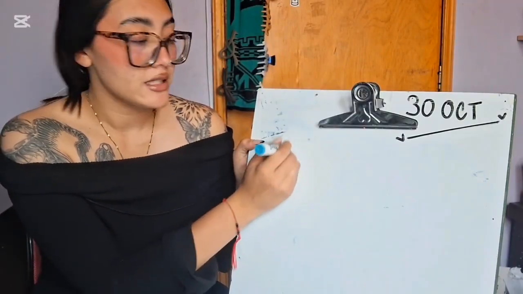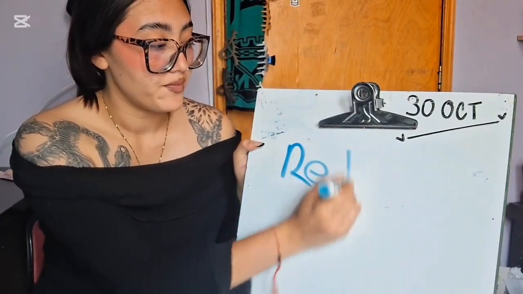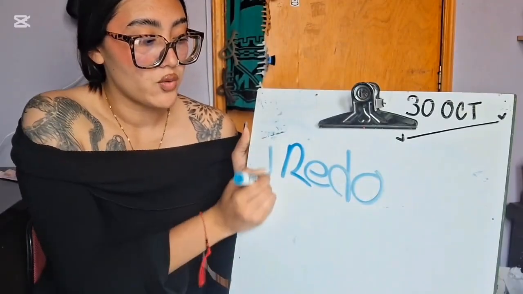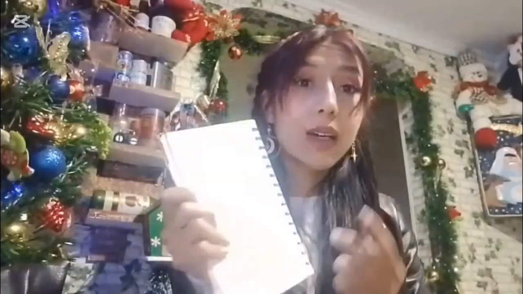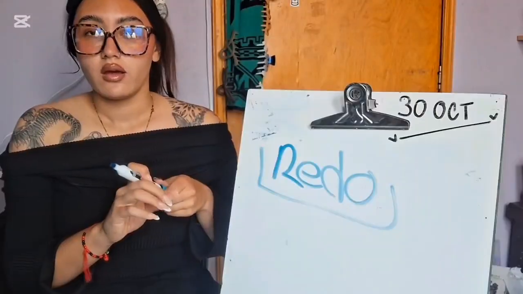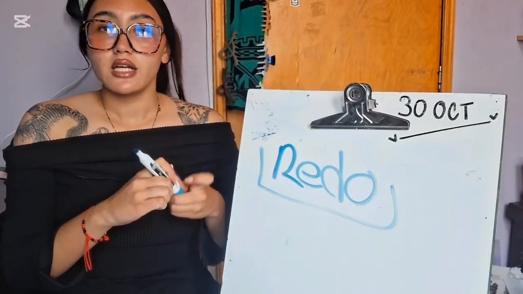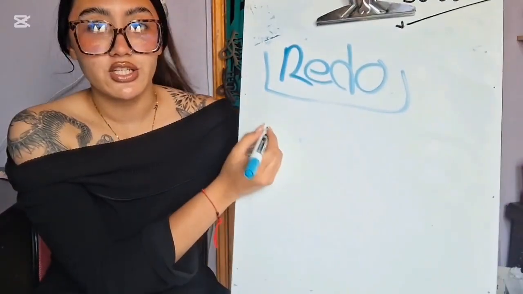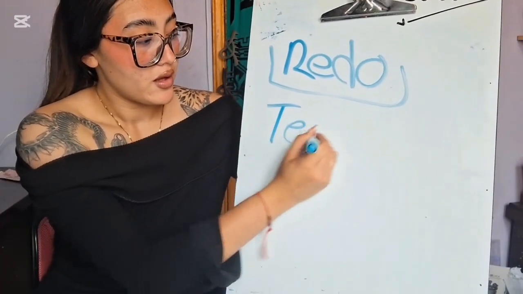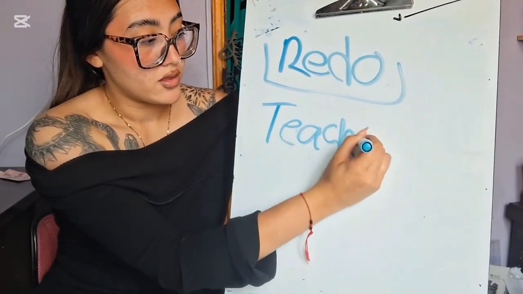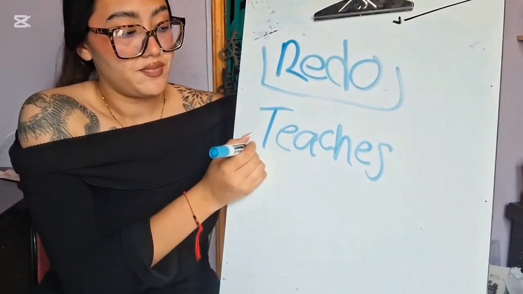The first word is redo. Redo. Re is a bound morpheme, derivational. Do is free. Perfect, Michelle. The second word is teachers. Teachers.